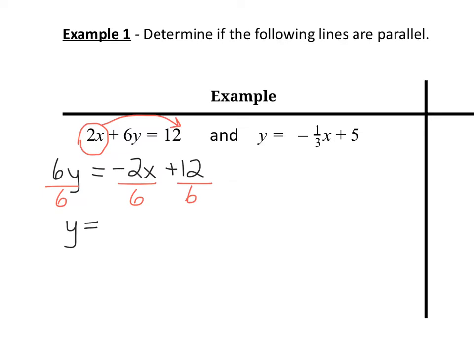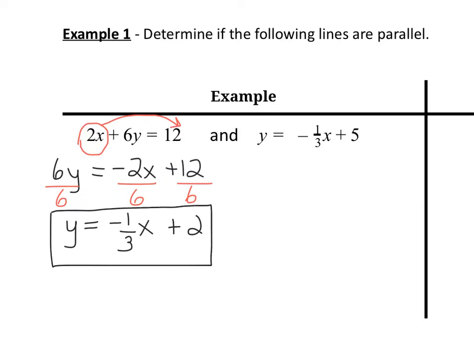If I were to reduce that, that would actually be negative 1 over 3, and we still have the letter x. And then finally, we've got 12 divided by 6, which is a positive 2. So here is the equation, just rewritten in slope-intercept format.